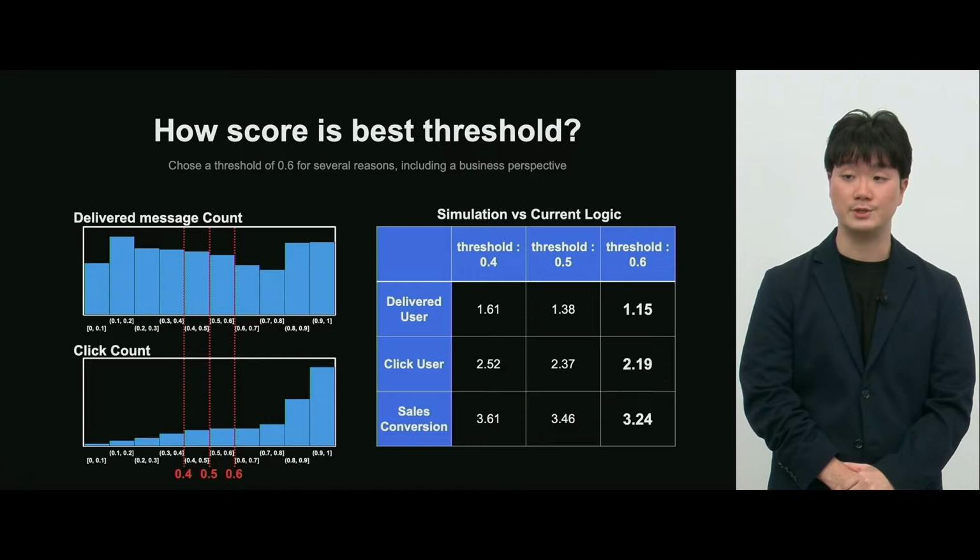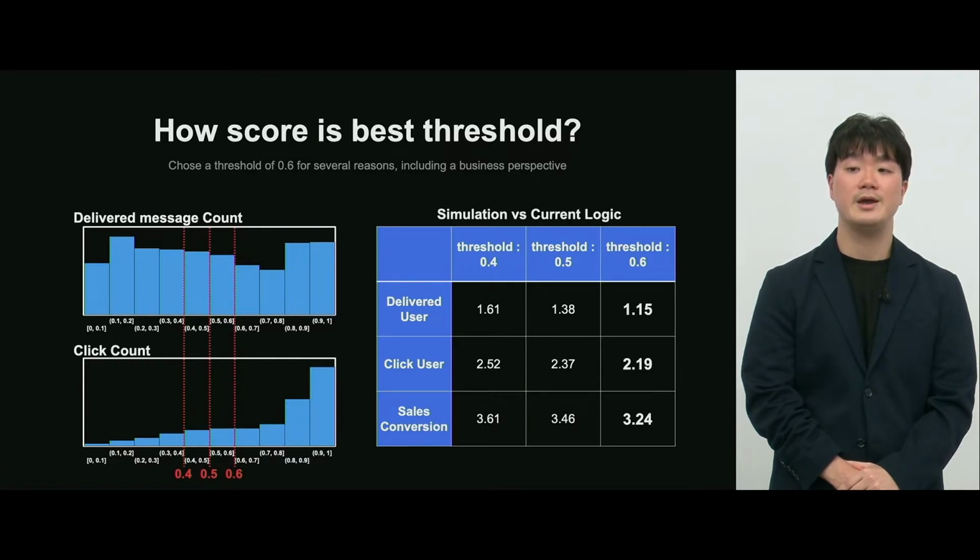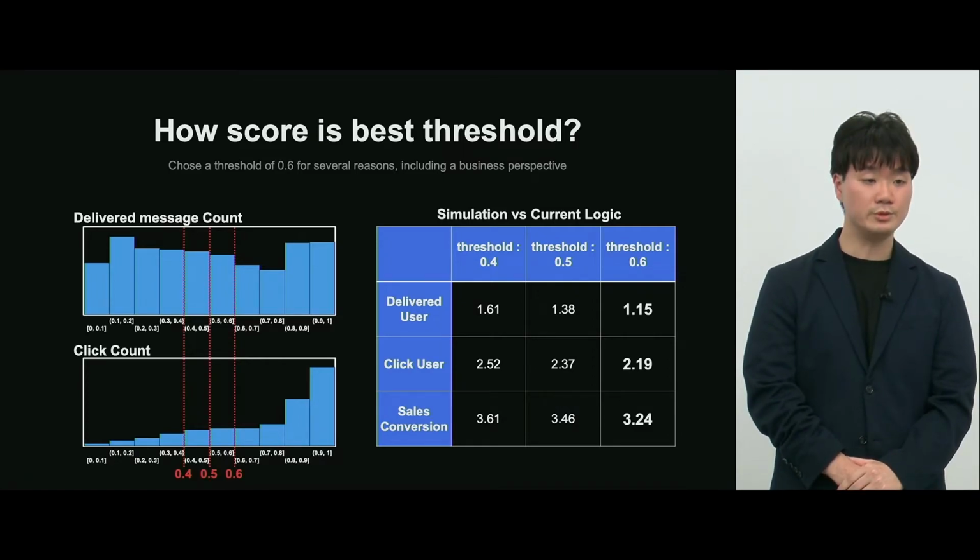Now, the question is, at how many standards is it appropriate? Please refer to this. The table on the left shows the numbers of messages delivered and the number of clicks obtained, respectively, based on delivery to everyone, and using those OS values, we have compared the distribution.